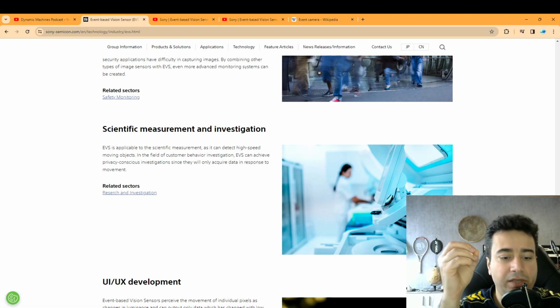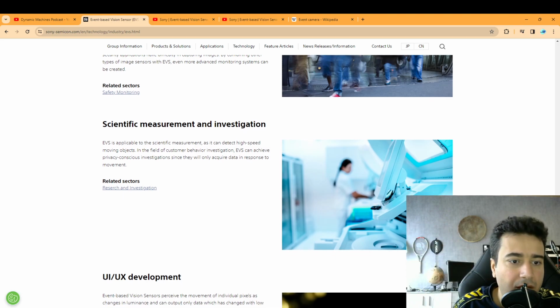So if you have a detector, unlike the frame-based detectors, this could have an interesting result. I'm not sure, just guessing.